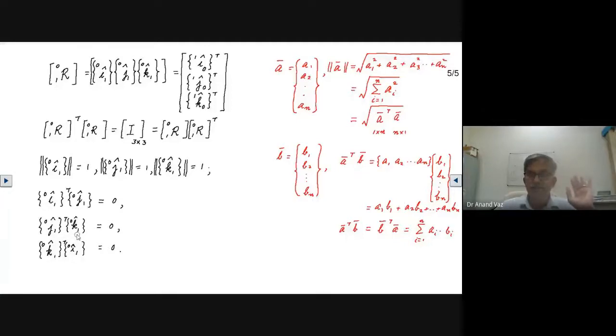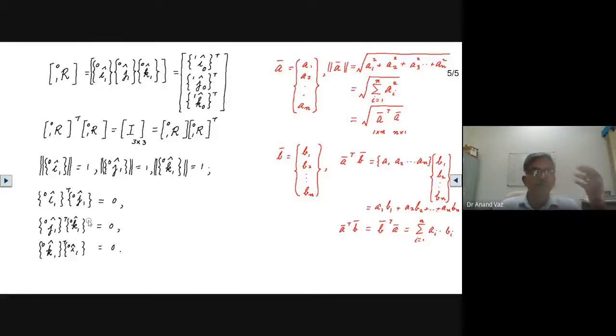Naturally, it means that you can have 3 independent elements which can actually do the same job. So to specify an R matrix, we don't really require 9 elements, but just 3 quantities are sufficient.